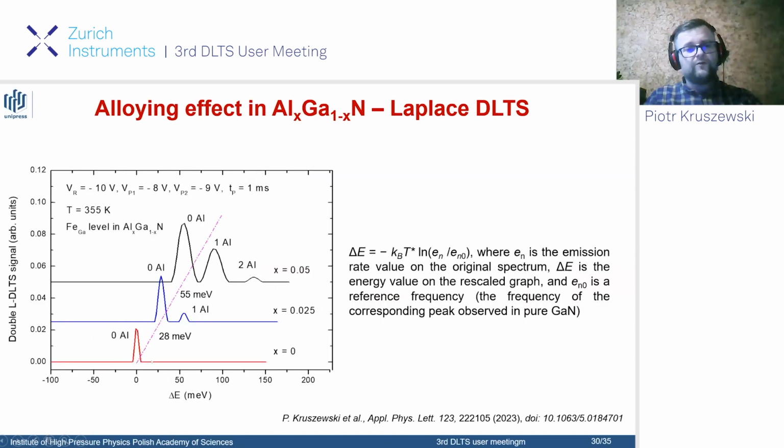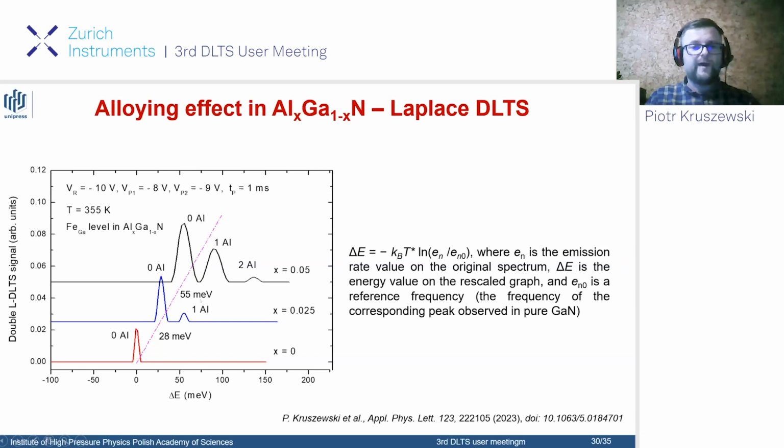Moreover, if we recalculate the Laplace DLTS spectra into an energy scale, we can observe that there is a linear shift of the main line of the signal. Yes, so this 0 aluminium peak.